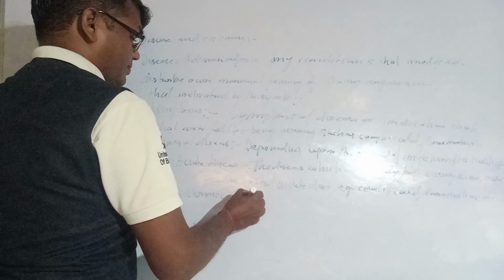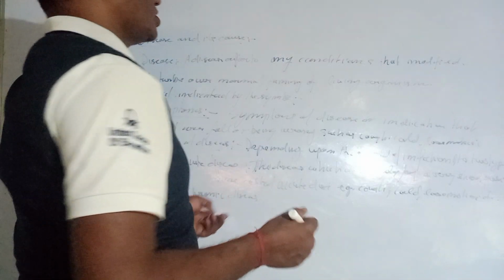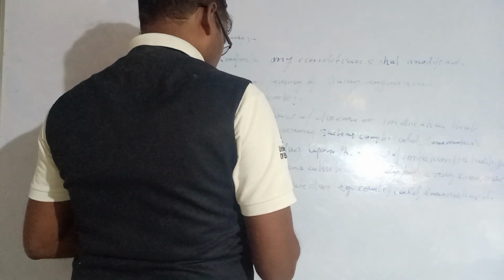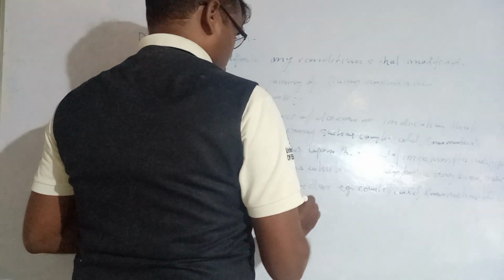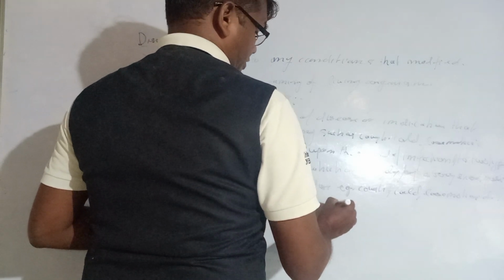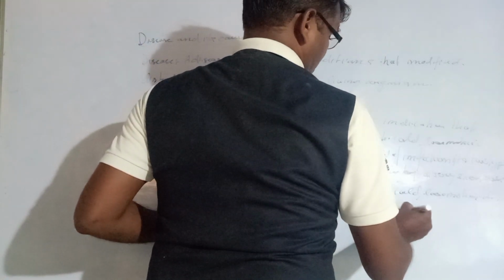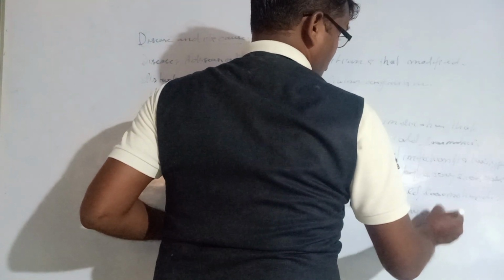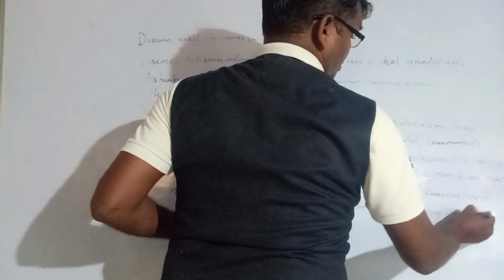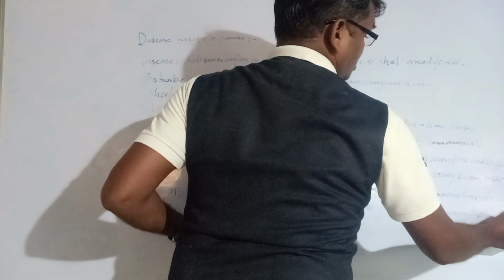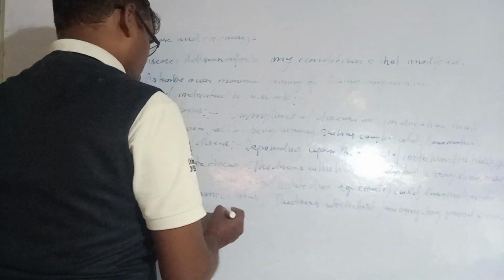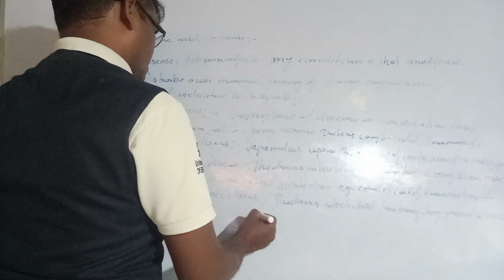And the second disease is chronic disease. What is chronic disease? It is a disease which lasts for a very long period of time, even a lifetime.